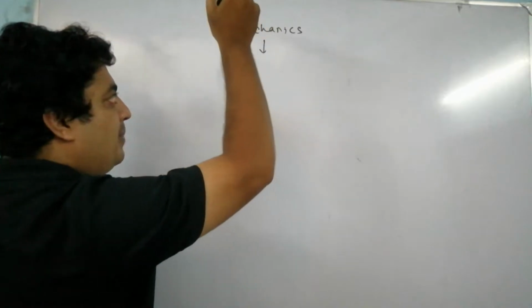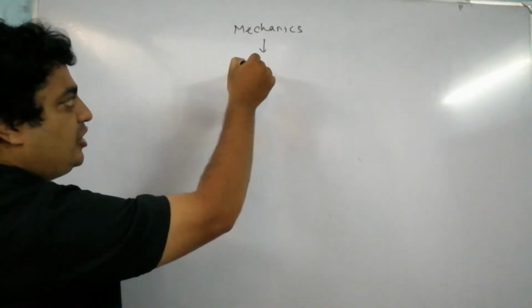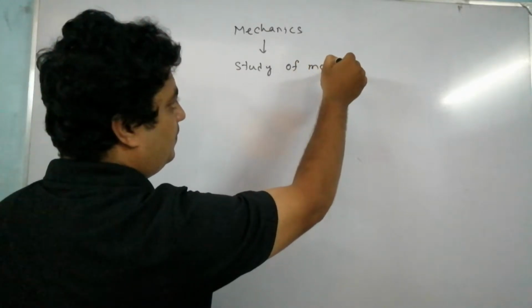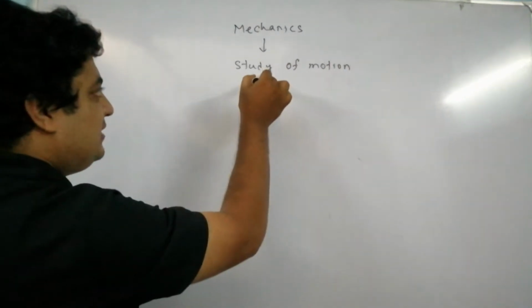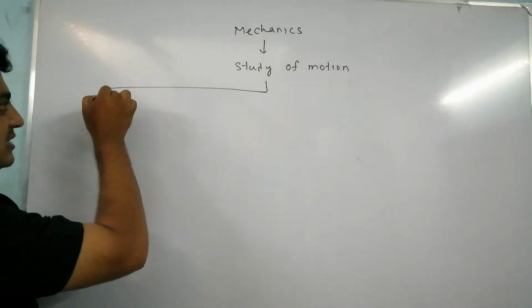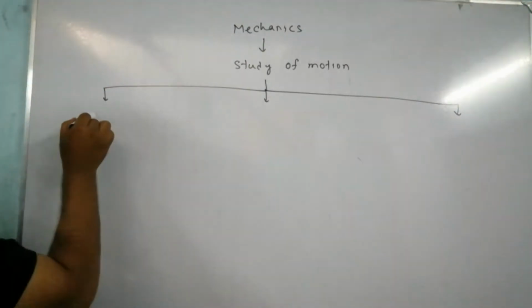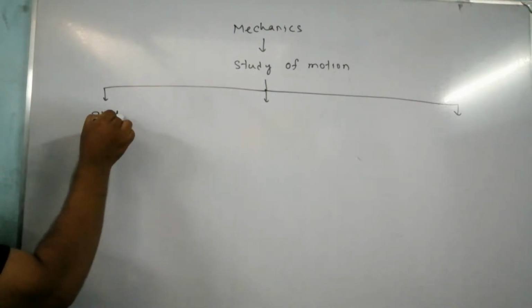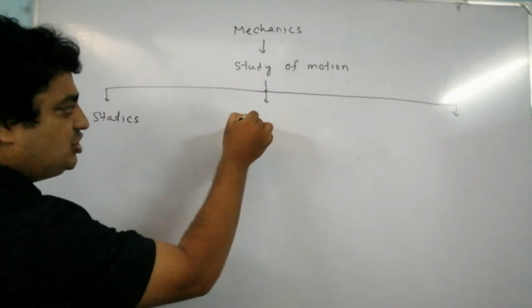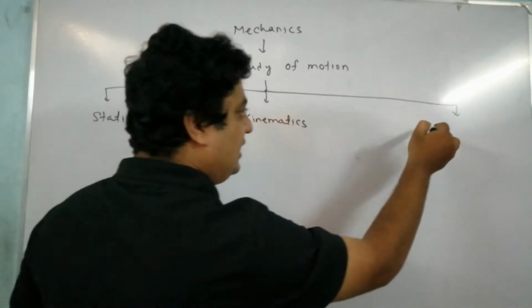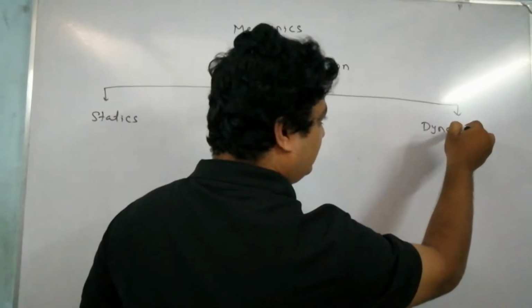So, mechanics means study of motion. It is divided into three branches. One is statics, second one is kinematics, third one is dynamics.